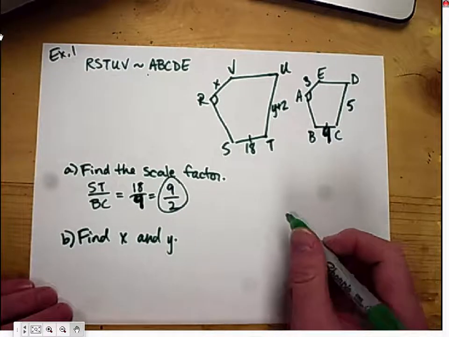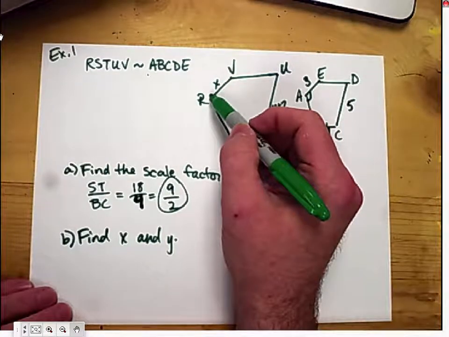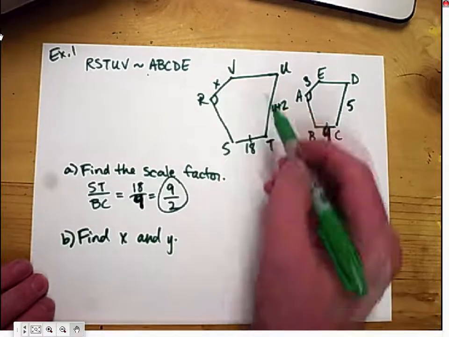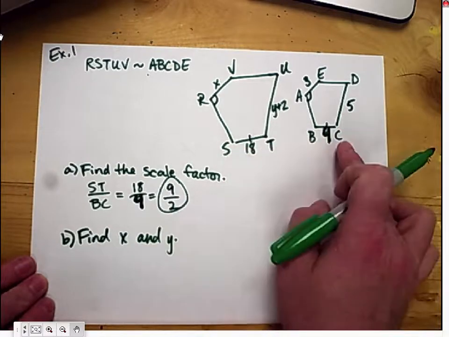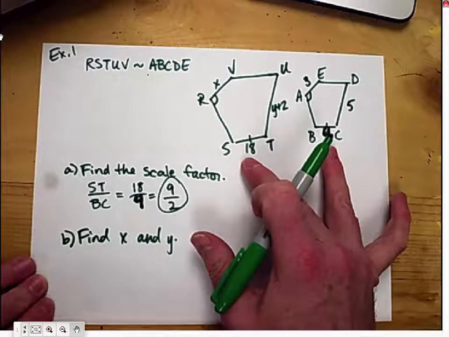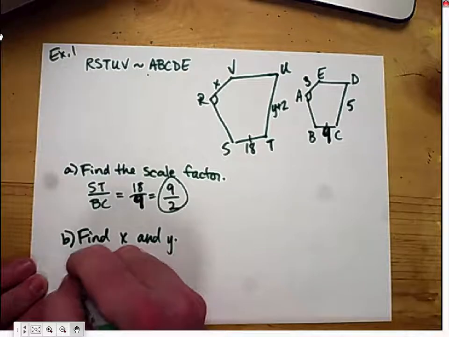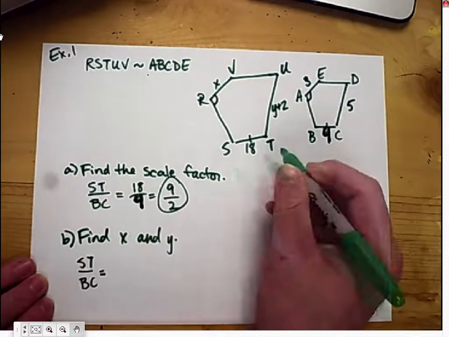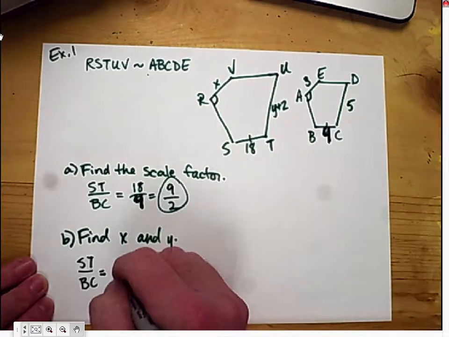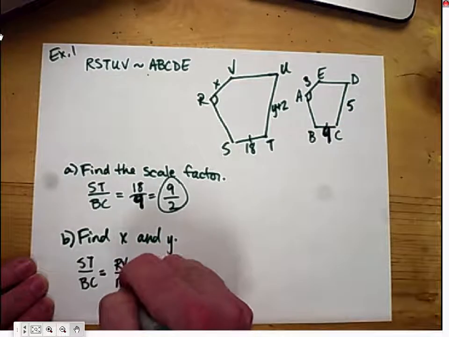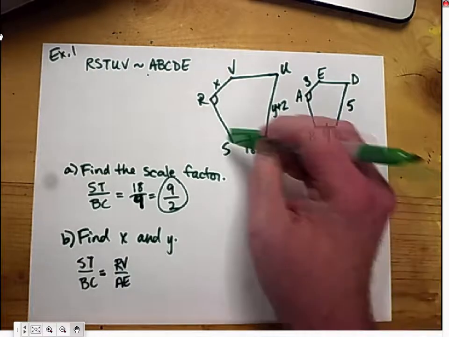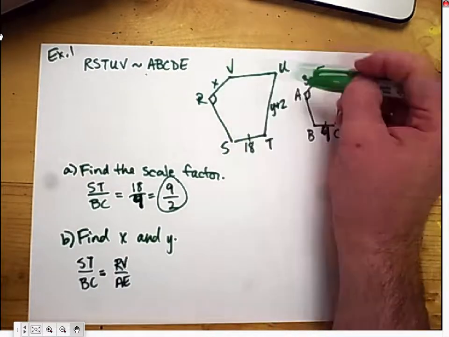So now, how would you find x? Well, all the sides, corresponding sides, are in the same proportion. So you could say, we're always going to use these two because these are the ones we know, right? So we could say, whatever ST over BC is, that has to be the same as RV over AE, right? This over this has to be the same as this over this.